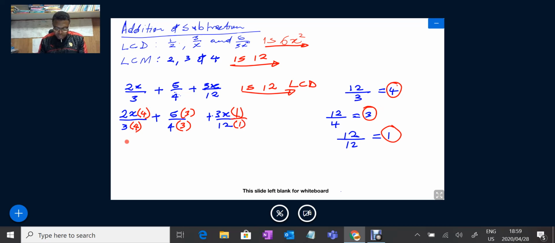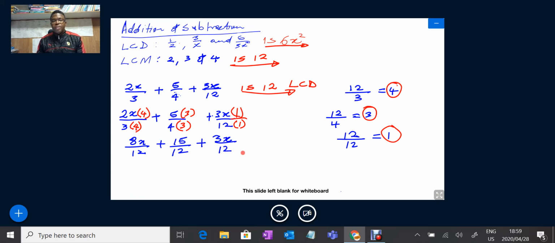Now we have 2 times 4, it's 8x over 12, plus 5 times 3, 15 over 12, 3x over 12. Remember rule number 3 in the beginning of this lecture.